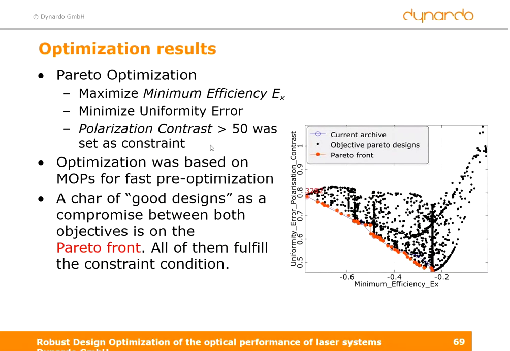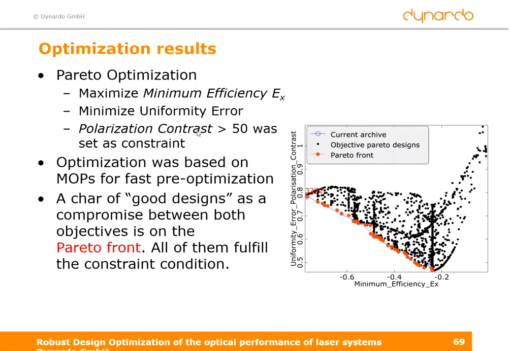Now, based on these results, we can use these Metamodels for the optimization, and this we actually did for this Pareto optimization. So we defined two objective functions: the minimum efficiency in X direction to be maximized, and the uniformity error to be minimized.